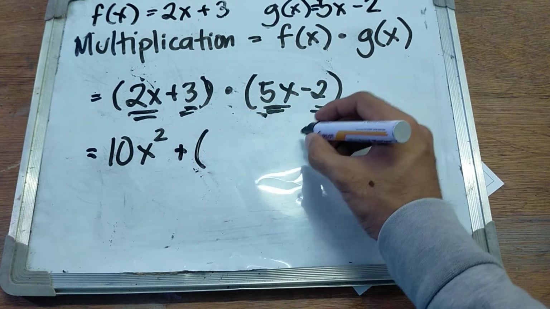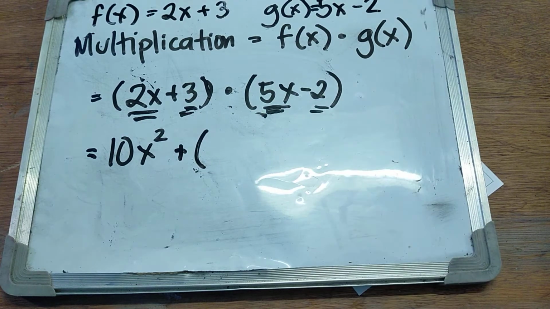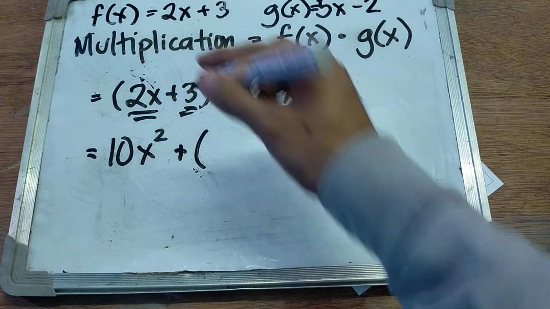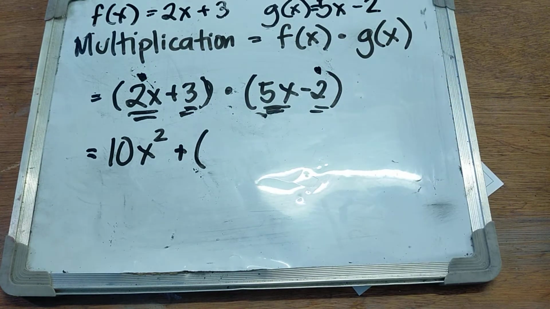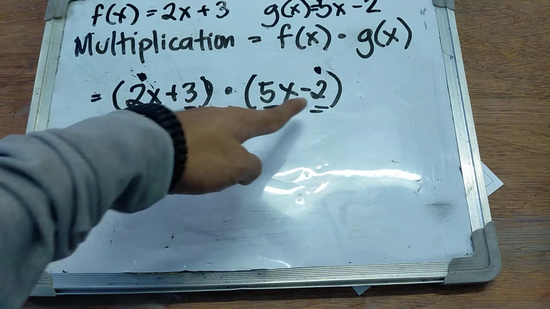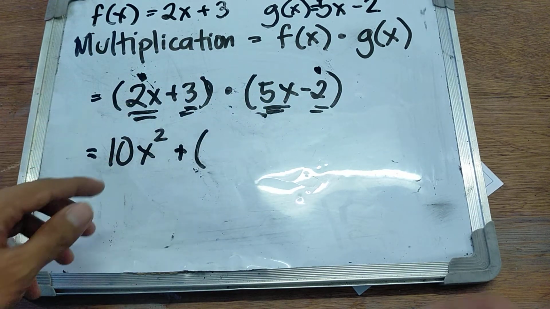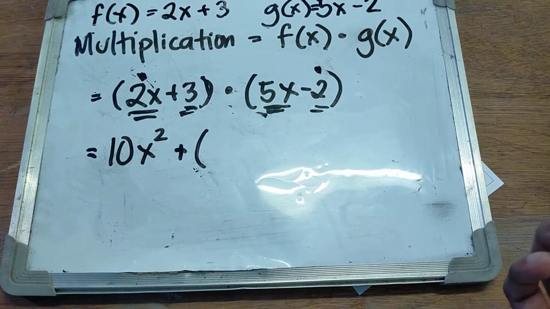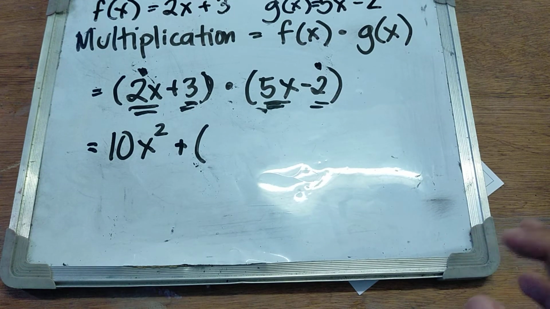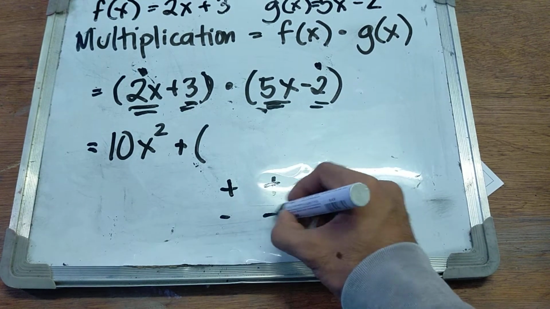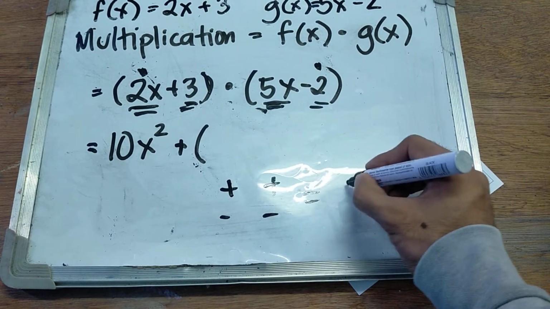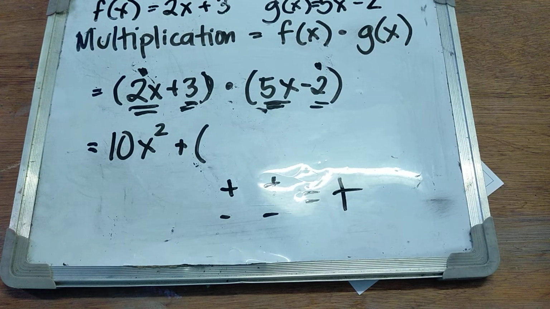Okay? And then, next is to multiply the outer parts, which is yung magkalayo sa isa't isa. So, we are going to multiply. So, negative 2 times positive 2, apply natin yung multiplication rules of integers na kung saan kapag magkapareho ng symbol, whether both are positive or both are negative, ang lalabas sa kanya ay positive.